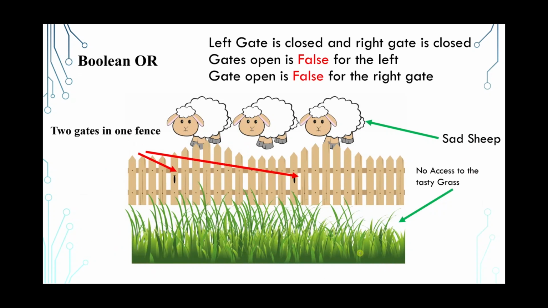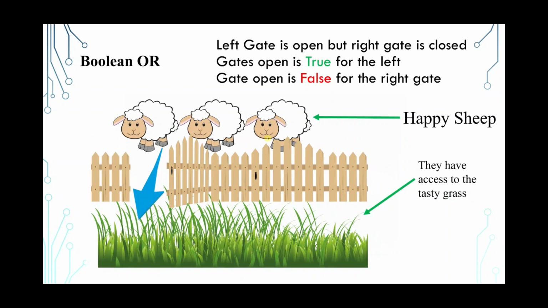So the Boolean or is like if you have two gates, and the left gate is closed and the right gate is closed. Definitely you have sad sheep because they don't get to the grass, right? There is no access to the tasty grass if both are closed.